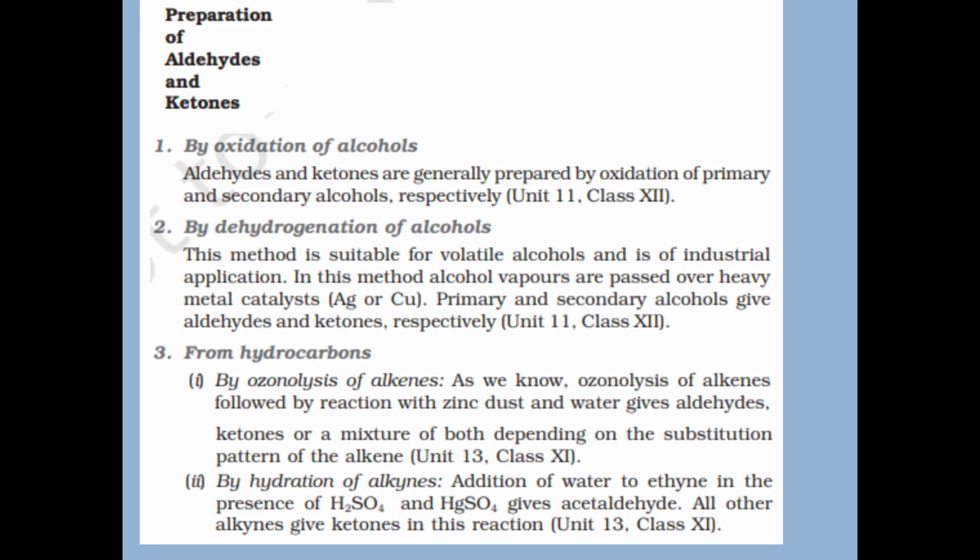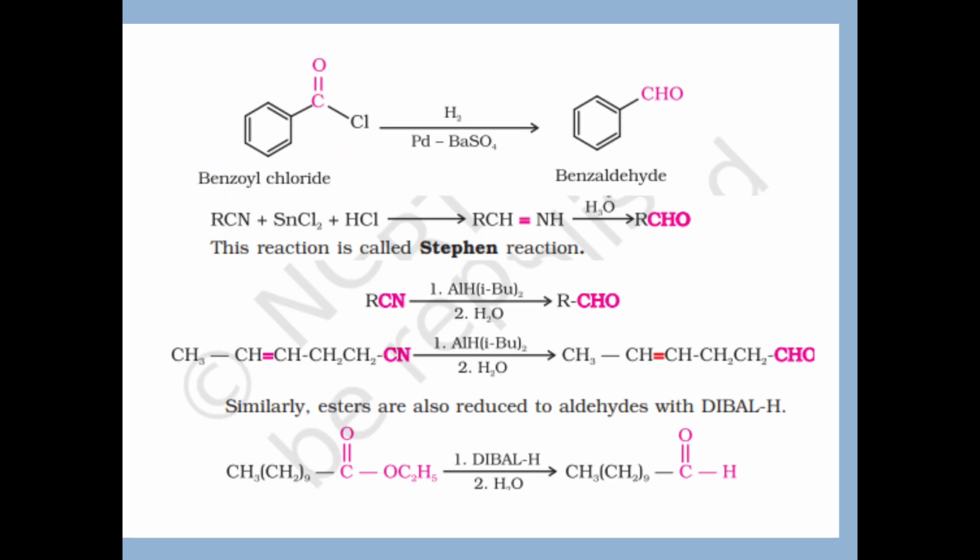Preparation of aldehyde. It can be prepared by oxidation of alcohol, by dehydrogenation of alcohol, from hydrocarbons. We can do it by ozonolysis of alkene, by hydration of alkyne, etc. First one here is benzoyl chloride.